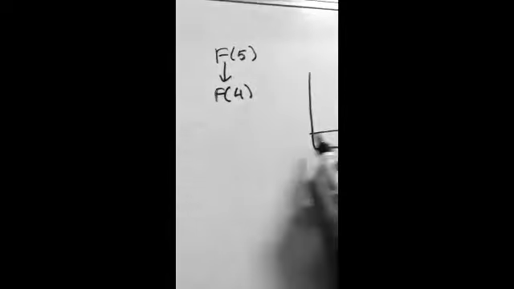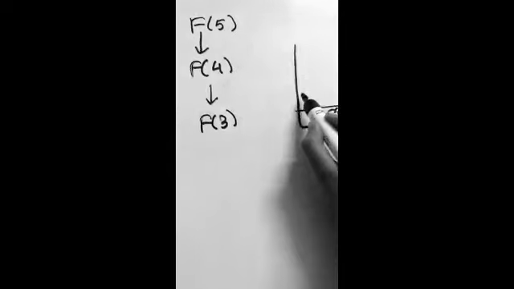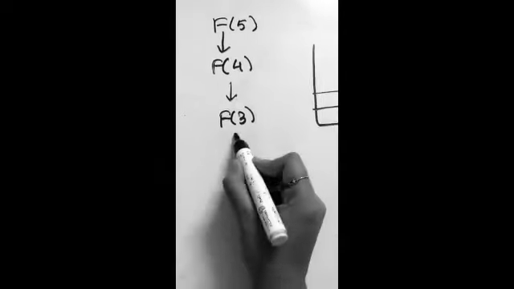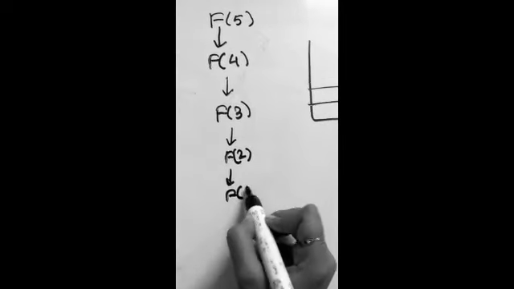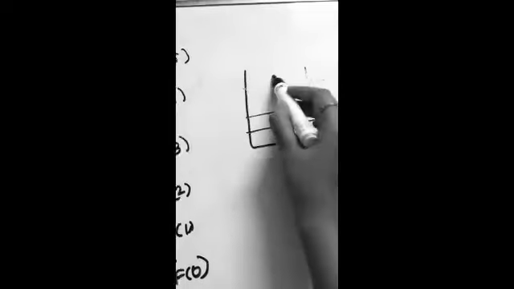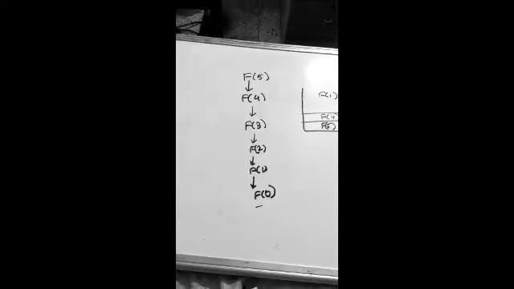So f4 will go to f3, and here again f4 is pushed into the implicit stack, and similarly f3 will go to f2, so it will be pushed, f2 will go to f1 and it will be pushed, and f1 will go to f0, and f0 will remain. So here on top we'll have f1, and the sequence of operations will happen this way.